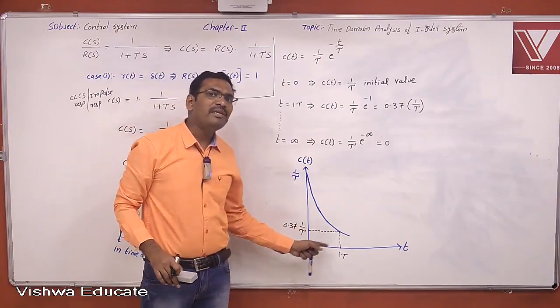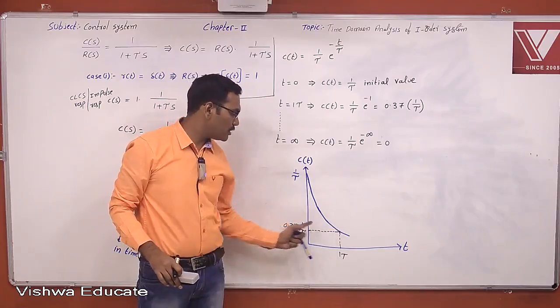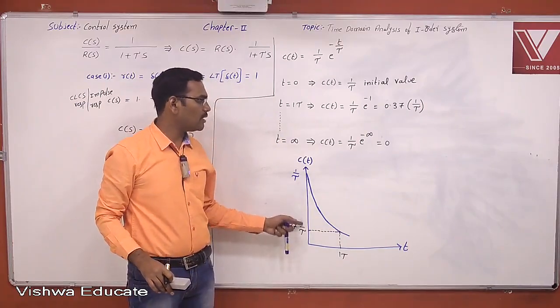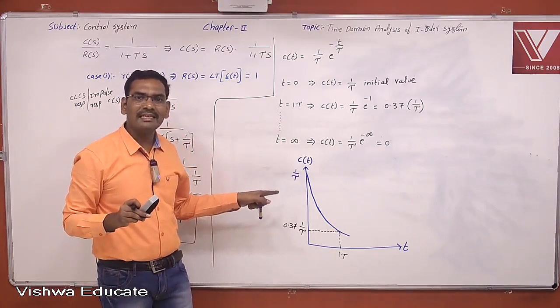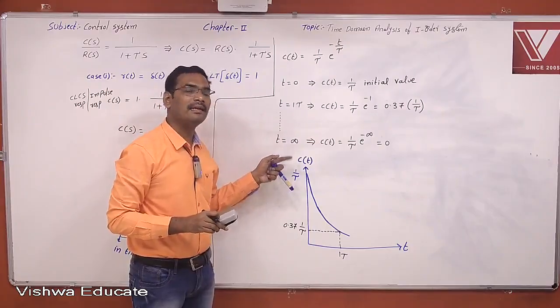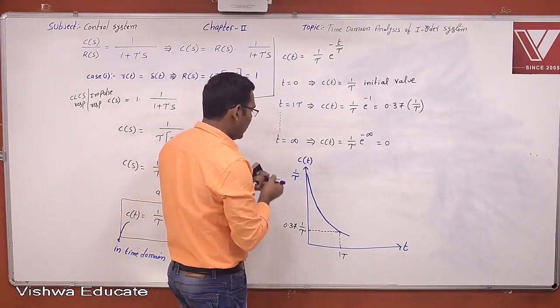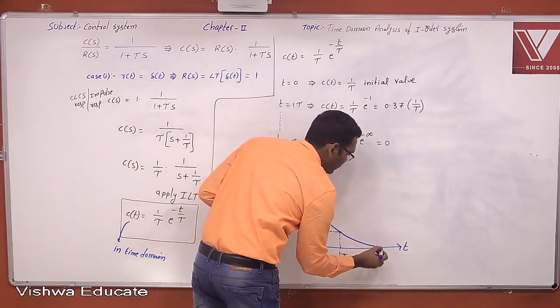So the time taken by the response to reach 37% of initial value is called 1 time constant. This is the definition of time constant in the impulse response, in the theoretical response. And when t is infinity, the response is exponential decay, e power minus infinity, which is 0.